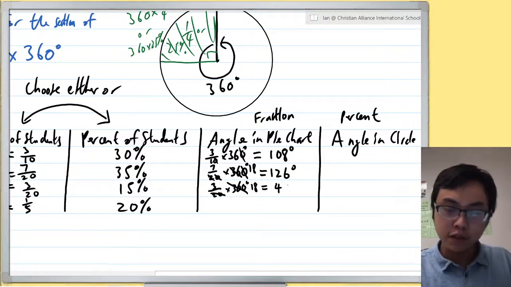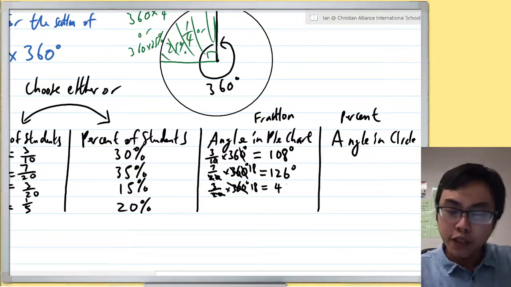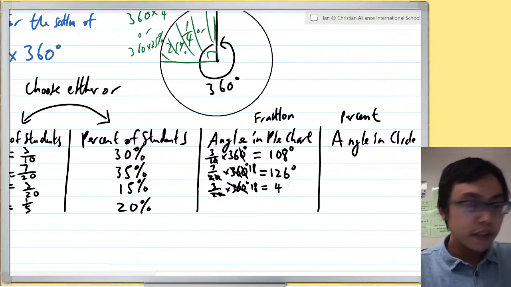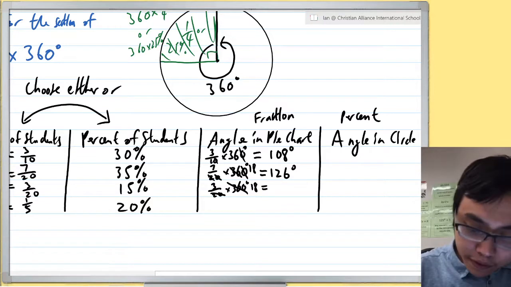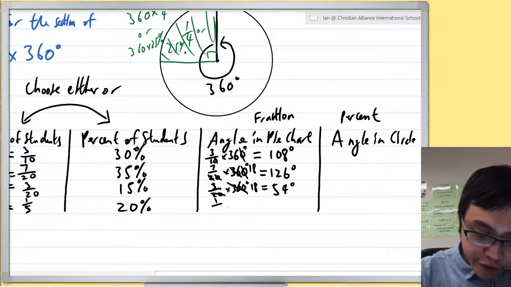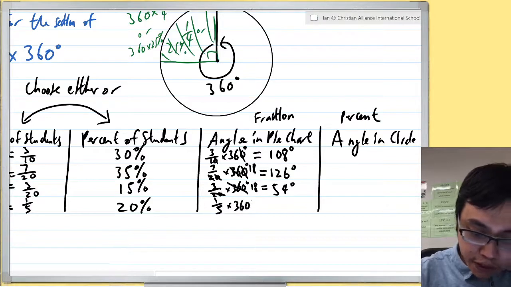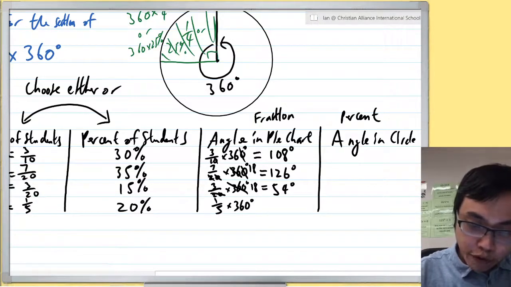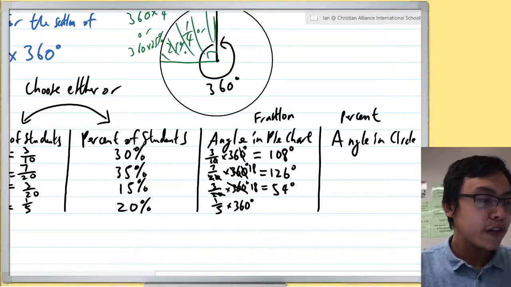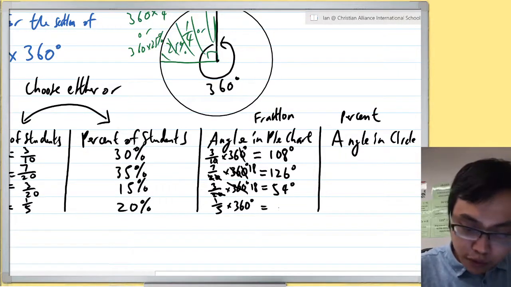No. 18 times 3 is 54, sorry, 54 degrees. And then lastly, we have 1/5 times 360 degrees. 360 divided by 5, you will get 72 degrees.